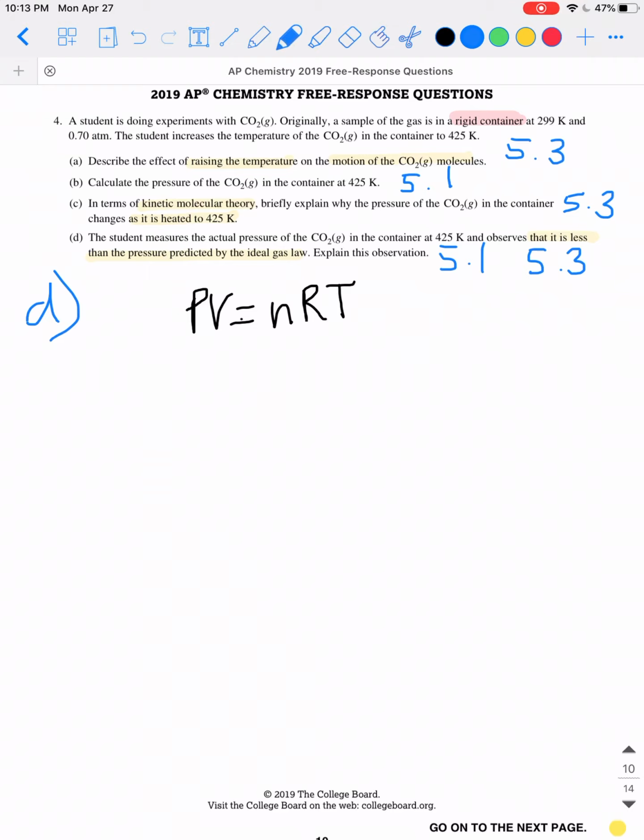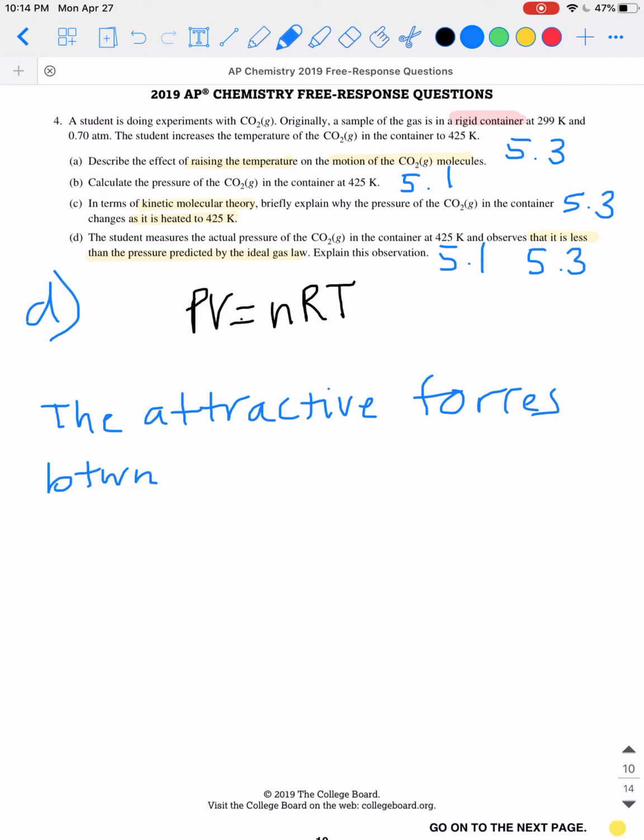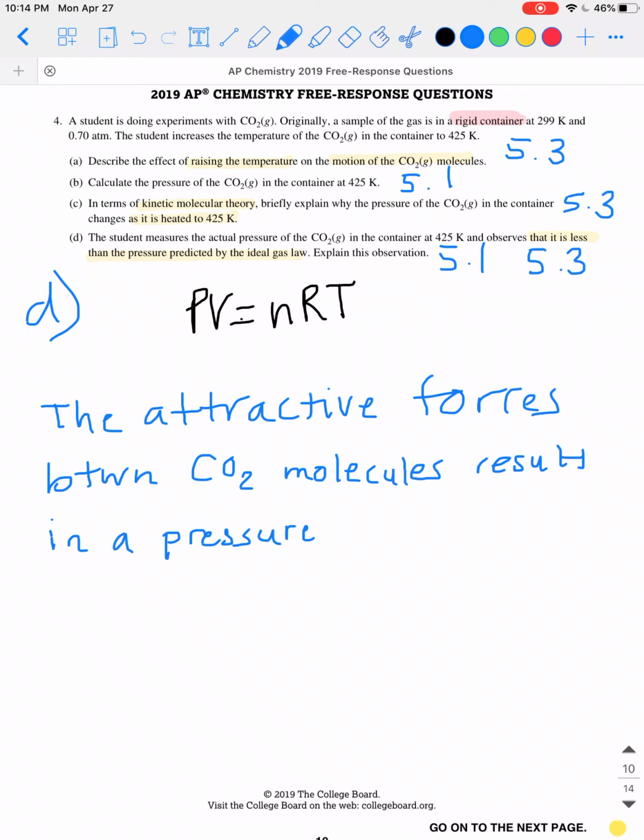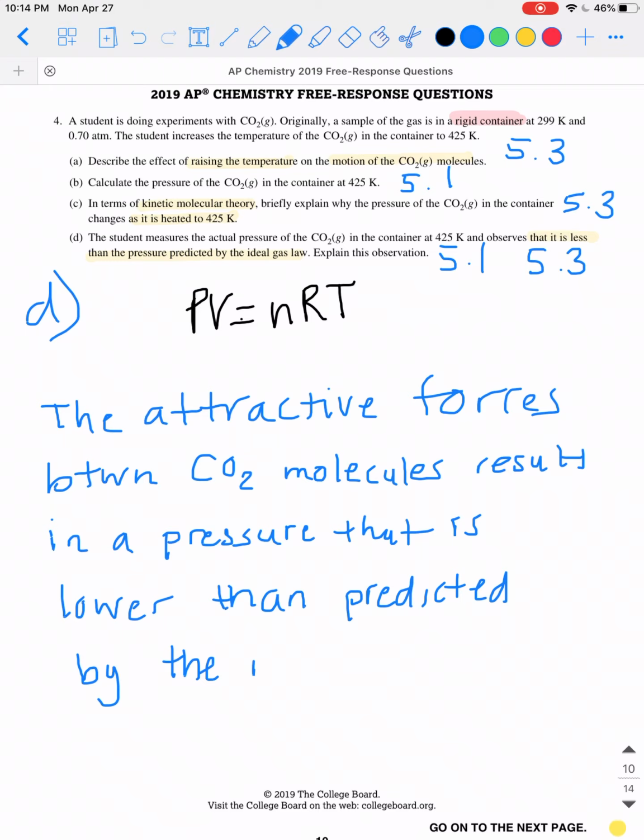So for this question, we would write that the attractive forces between CO2 molecules result in a pressure that is lower than predicted by the ideal gas law.